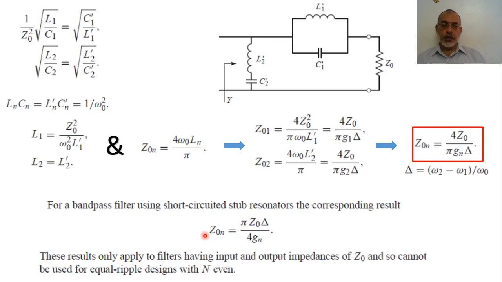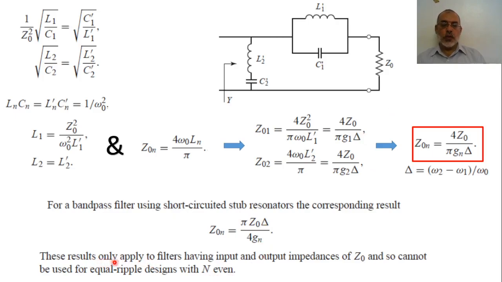And it should be noted that the present analysis is based on the load impedance being Z naught, or normalized, it should be 1. So in the case of Chebyshev filter, this analysis is only valid if the value of n is odd, such that for n odd the load impedance is 1, and for n even the load impedance is not 1.